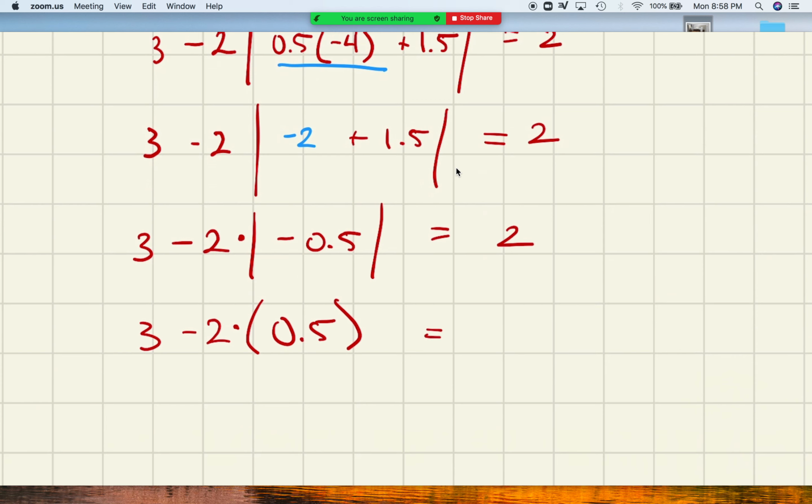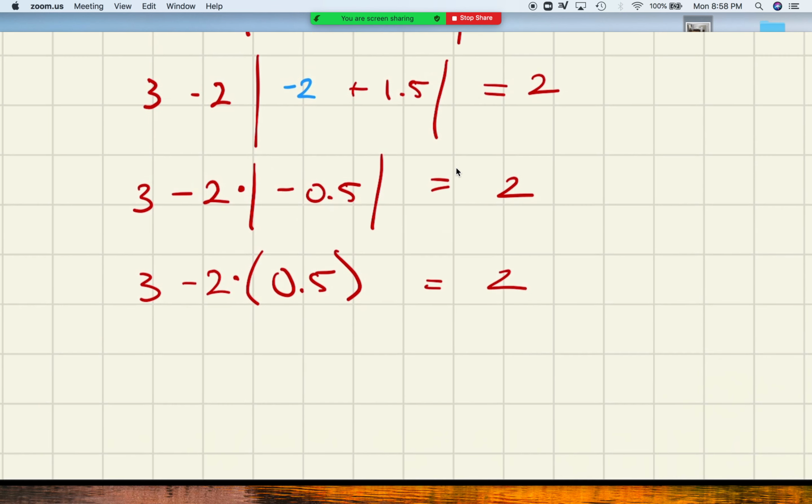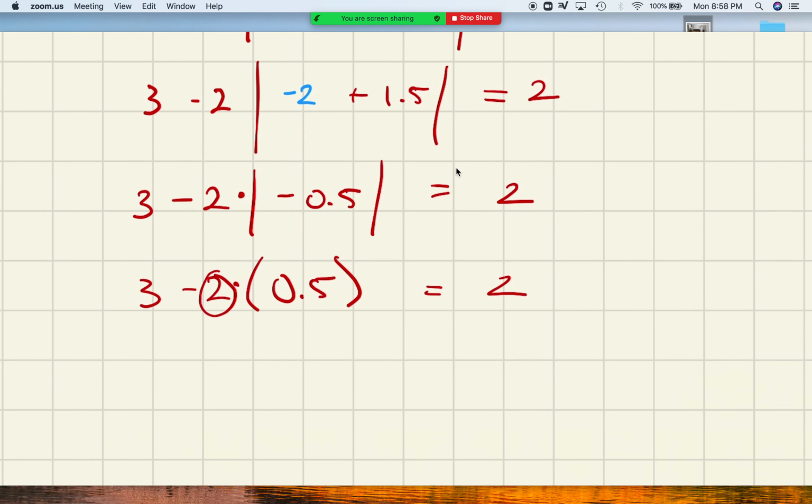Okay. And this is the part that I think was a little bit confusing. We did 2 times this to get 1, but then we still had the negative. And then it'd be 3 minus 1.